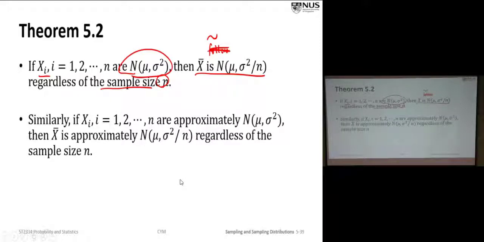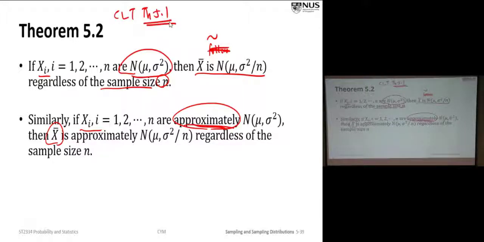Another result is that X bar is assumed to follow an approximately normal distribution. I think the central limit theorem is theorem 5.1.